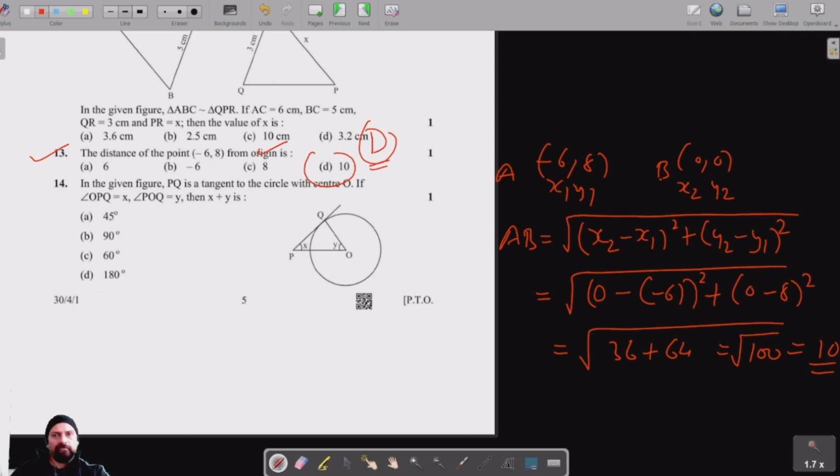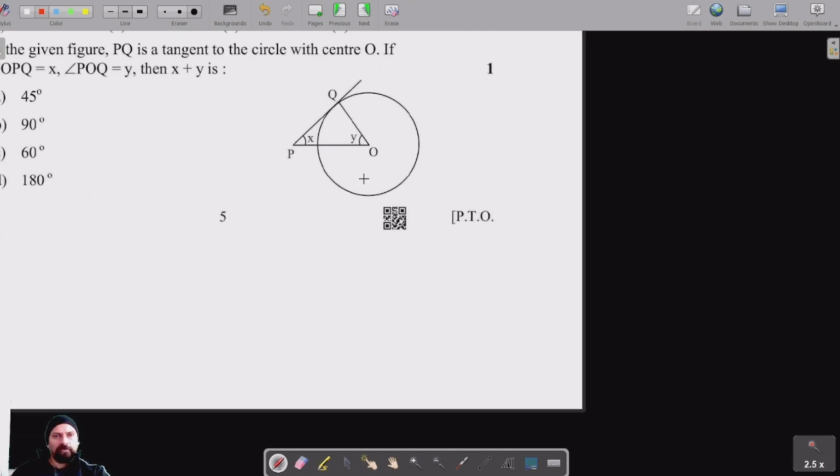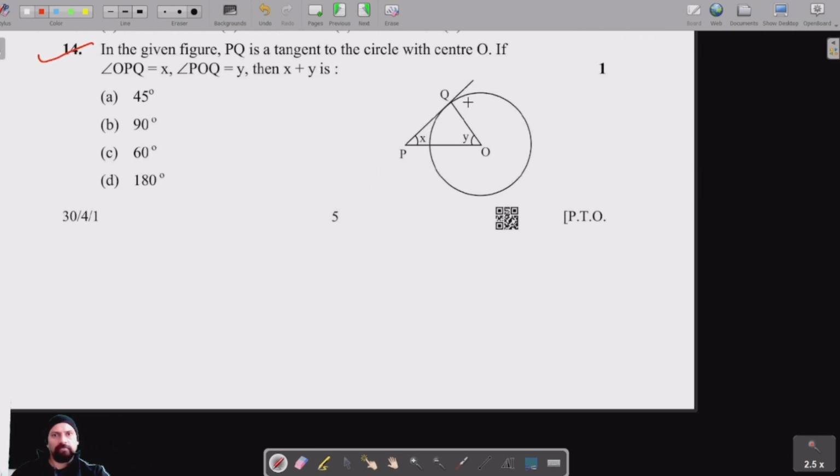Let's move on to question number 14. This is the figure, and it is given that PQ is a tangent with center O, and OQ is the radius.